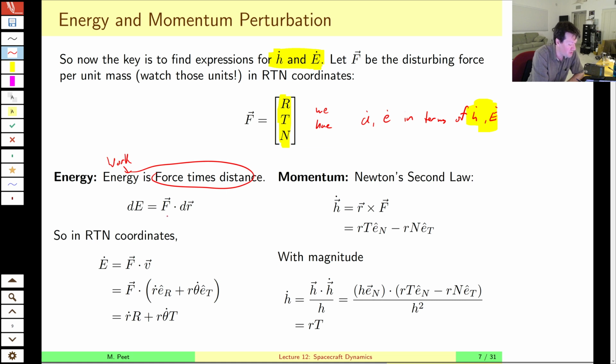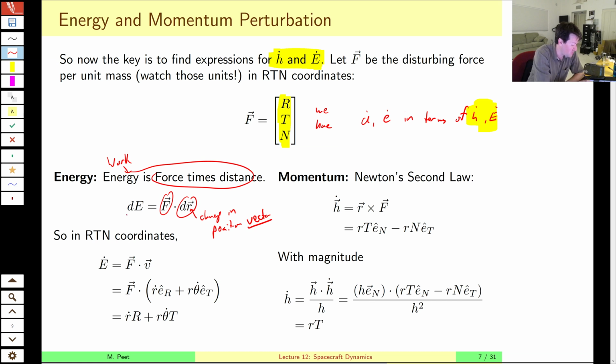Now we have a bit of a problem because we have a vector valued force, and then the distance is our change in our position vector. And emphasize vector there. Everything here is pretty vector oriented, so is there any way to simplify this expression?